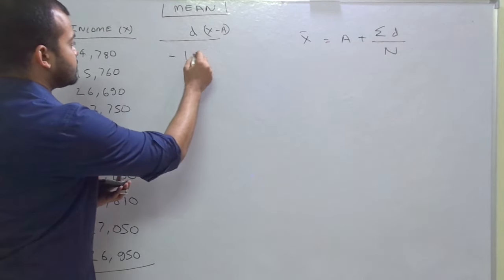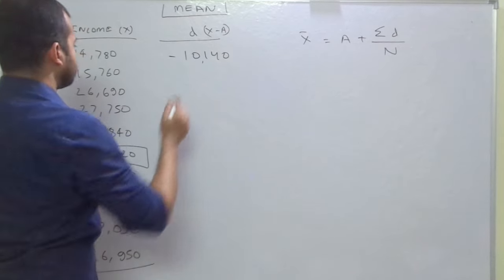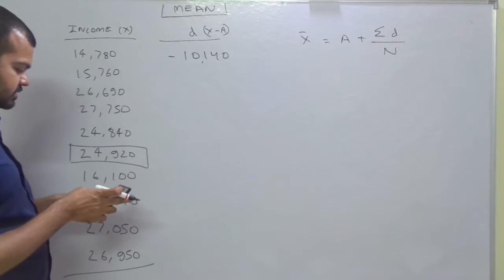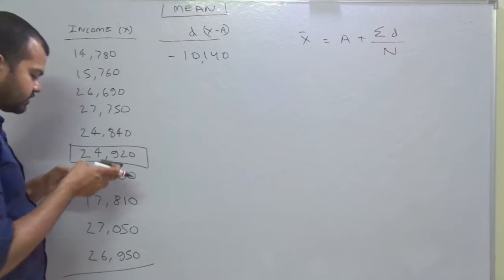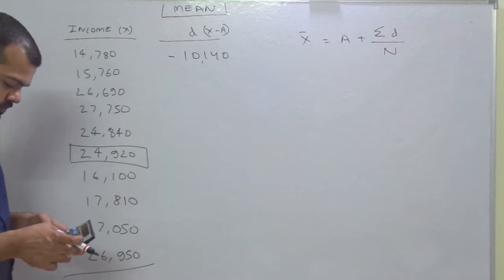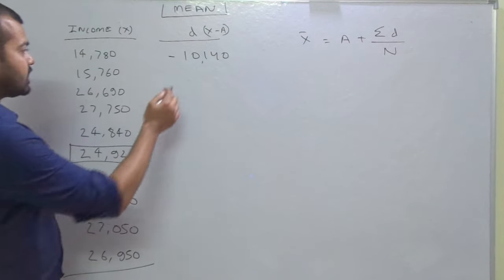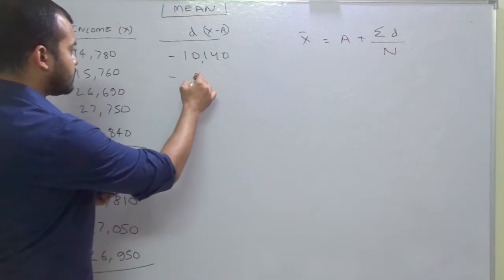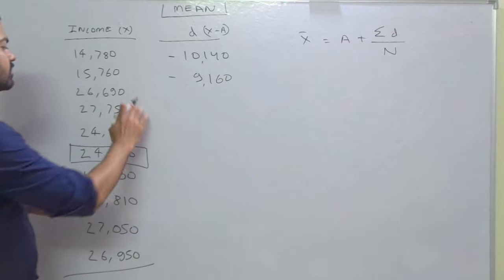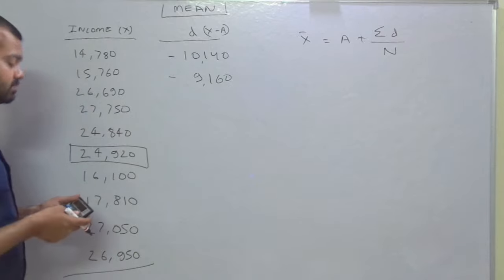In the same way, you calculate all these figures. 15760 minus 24920 comes out as minus 9160. These are the deviations we calculate for each individual number.